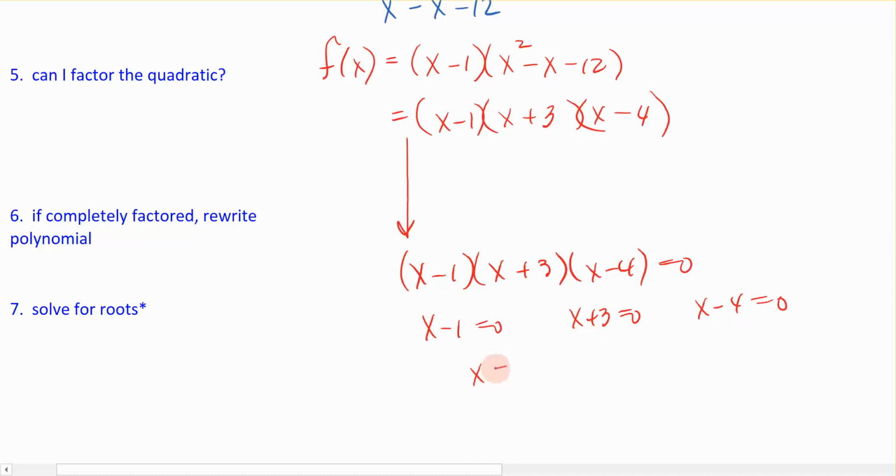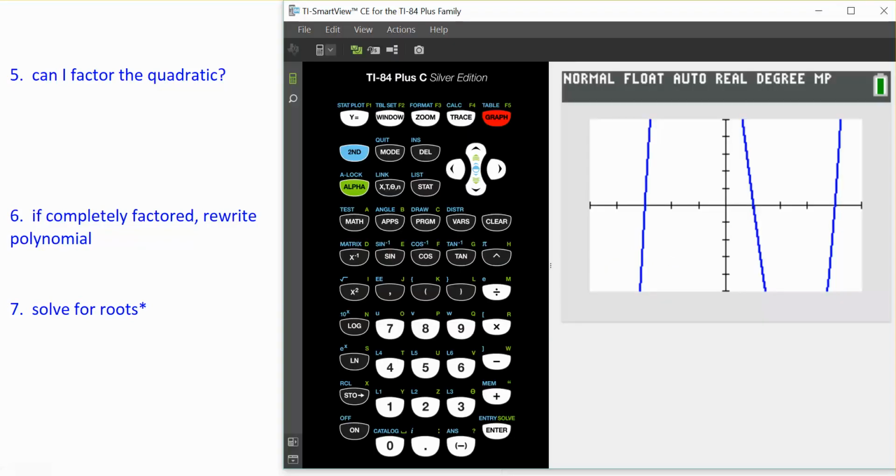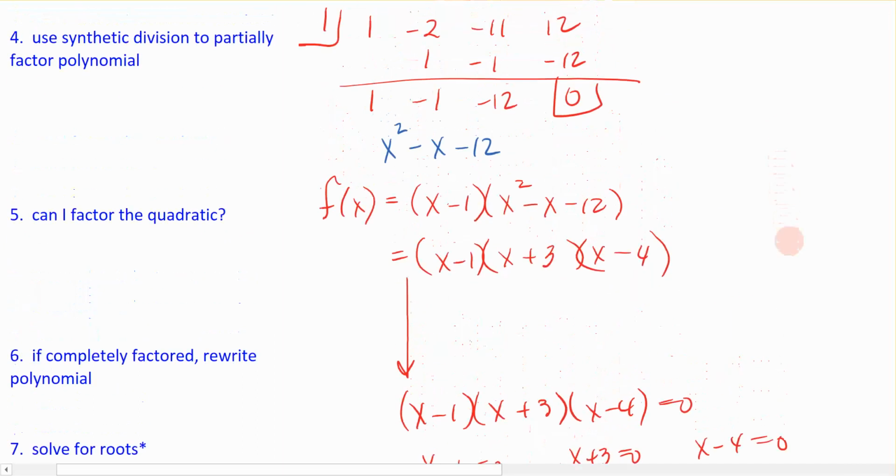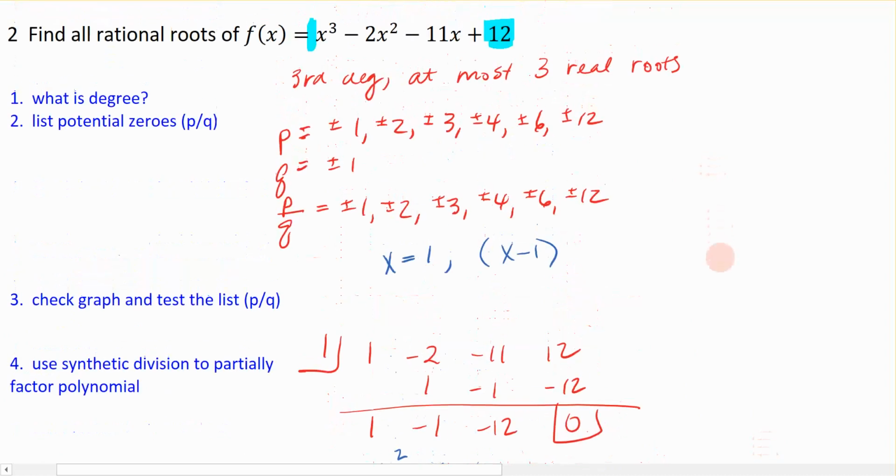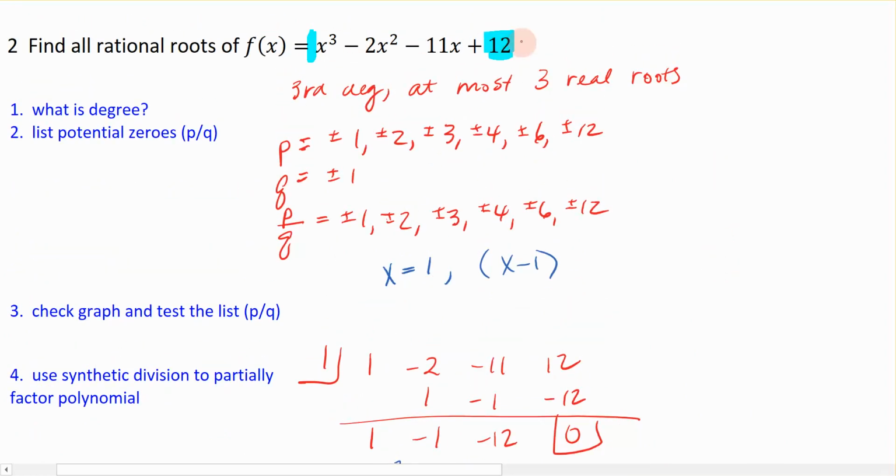So I have zeros occurring at 1, negative 3, and positive 4. If you look back at our graph we had, I have 1 here, I have 2, 3, I have a 4 here, and I have a negative 3 here. So that is how you will take a polynomial, put it in its factored form to solve for its roots.